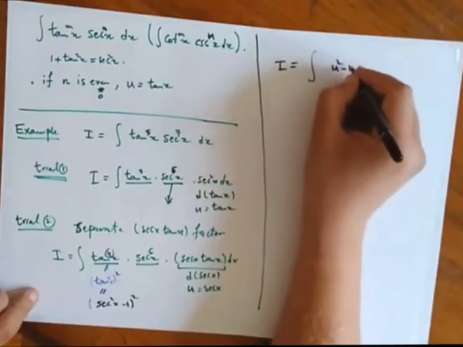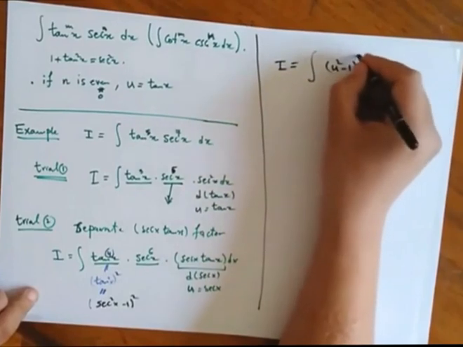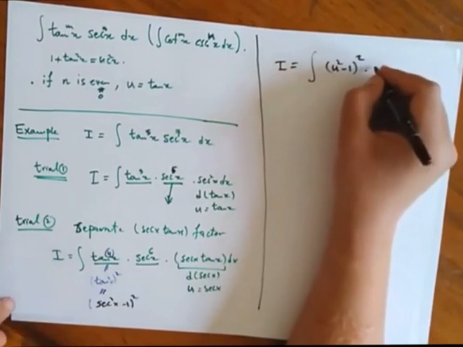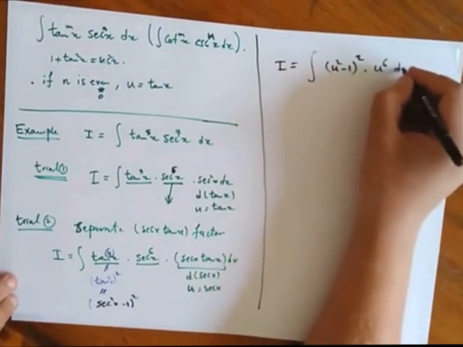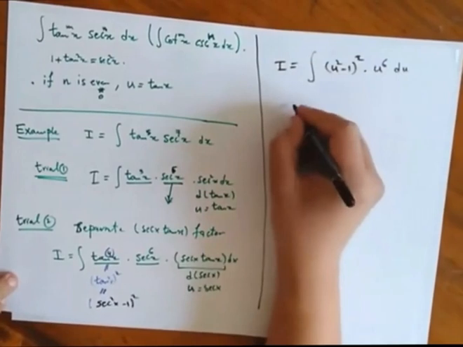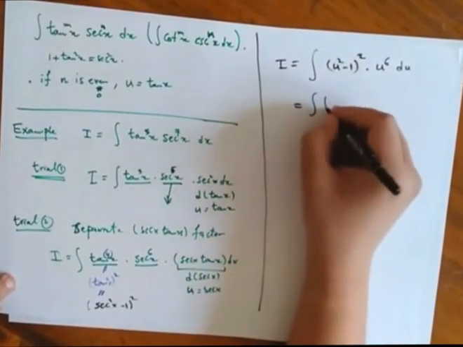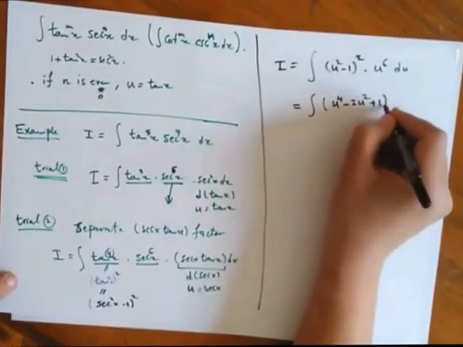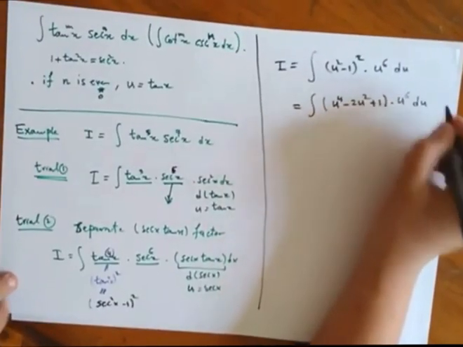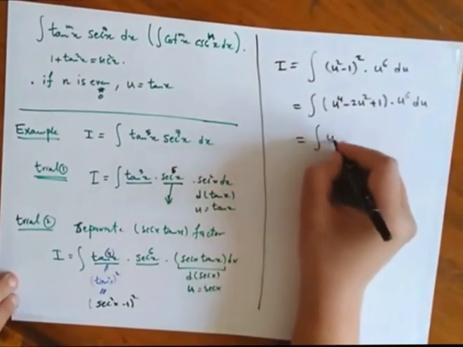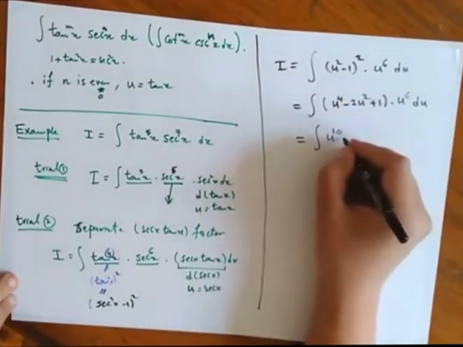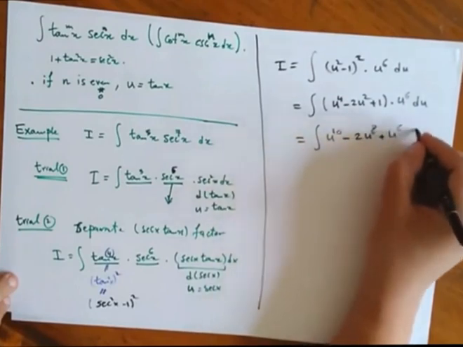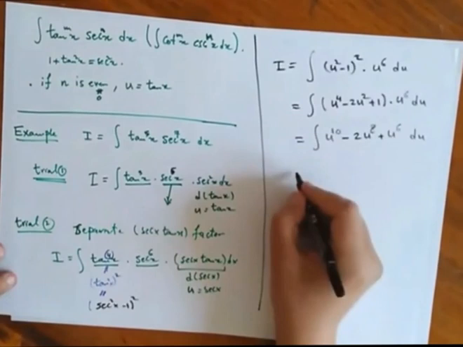Okay, let's continue. So this substitution, all squared times secant to the power 6, which is u to the power 6, and then du. And now this is easy to integrate. You expand it, you will have u to the power 4 minus 2u squared plus 1 times u to the power 6 du. So it's u to the power 10 minus 2u to the power 8 plus u to the power 6 with respect to u, which is easy to integrate.